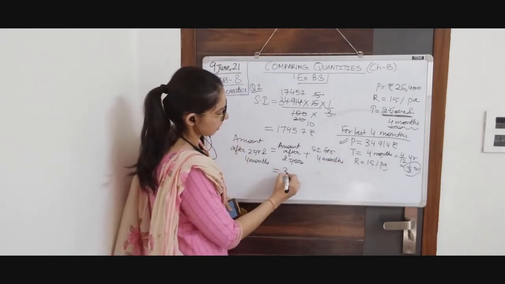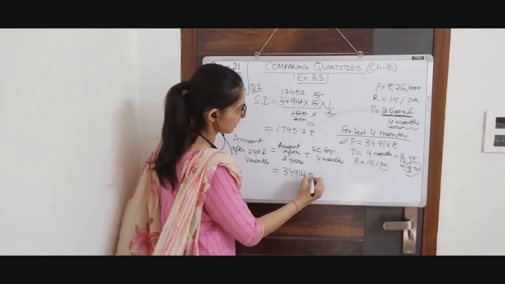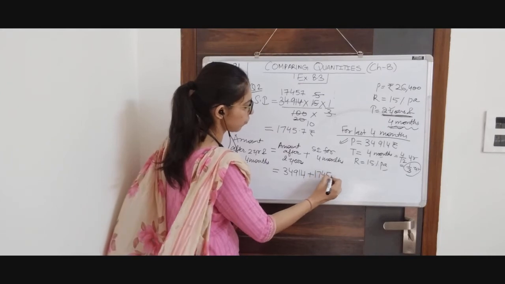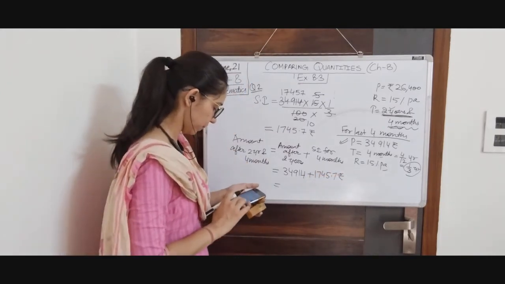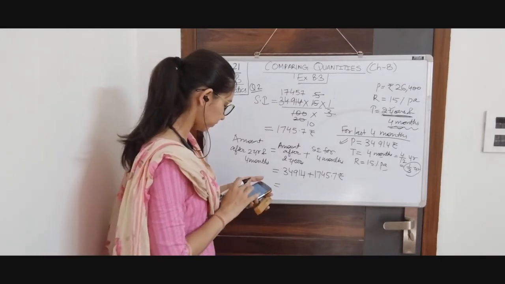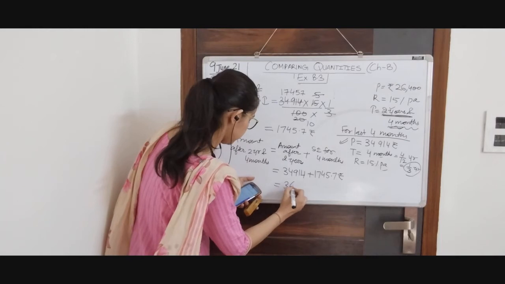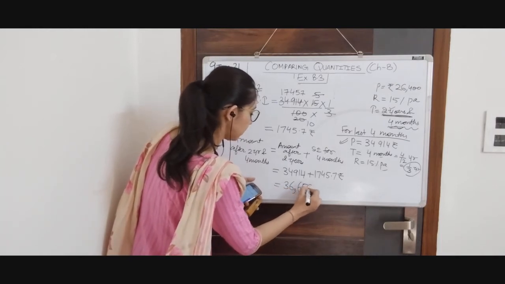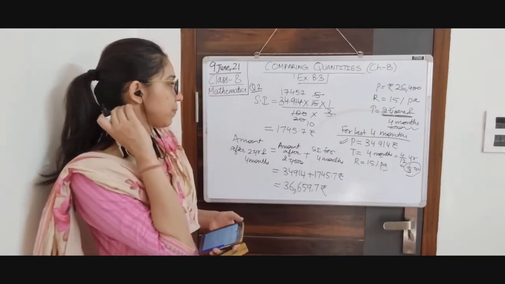It will be 34,914 plus 1745.7 rupees, which will be equal to 36,659.7 rupees. This is your required answer.